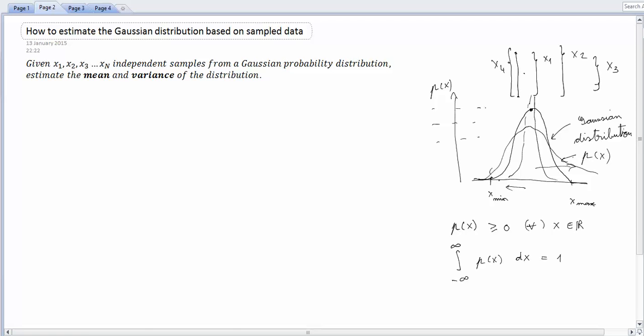And the question is, okay, so tell me the mean and the variance, so tell me what this function over here is, and I'll be happy.